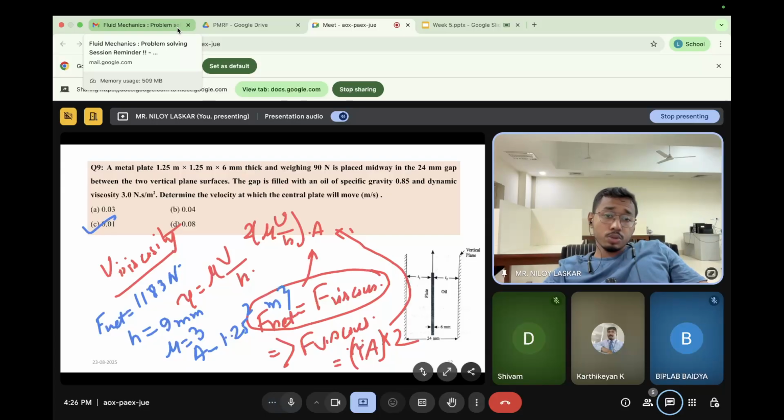Why should there be 2 tau in this viscous force? Because this plate is exposed at both ends and both ends experience this viscous force. So that's why it should be 2 tau. And putting the earlier values of F net, we are processing this. Okay. So the final answer should be 0.01.